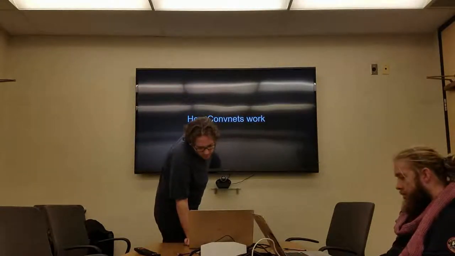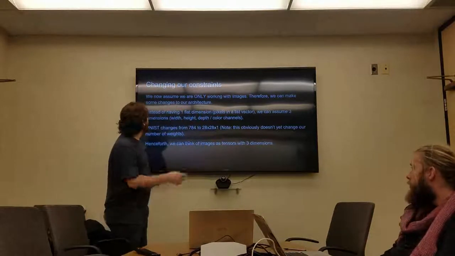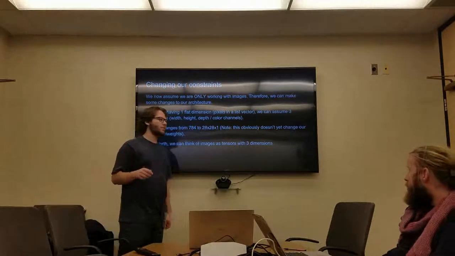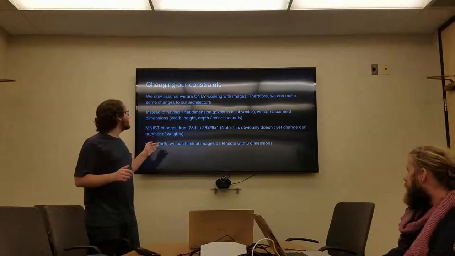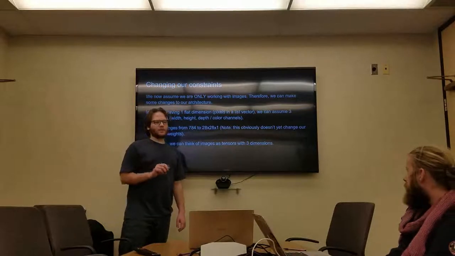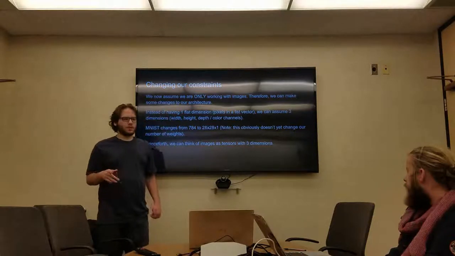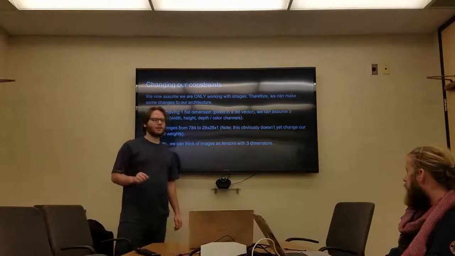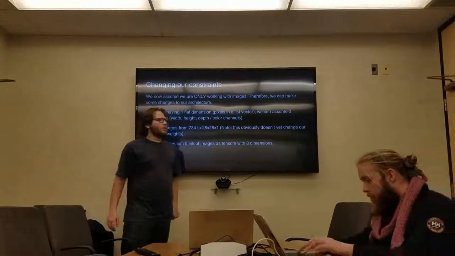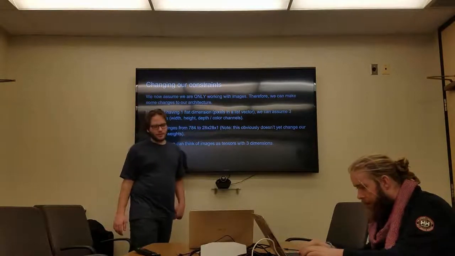So let's talk about how ConvNets actually work. First of all, we need to change our constraints a little. Before we were assuming that we could work with any sort of data, any number of inputs. Now we are working only with images, and therefore we can change the architecture a little. Instead of having just the one flat dimension for inputs, we can assume 3 dimensions: our width, length, and our depth. Depth, of course, is going to be our color channels in this case. I guess you could run it on some sort of 3D representation, but that sounds like a bit much.